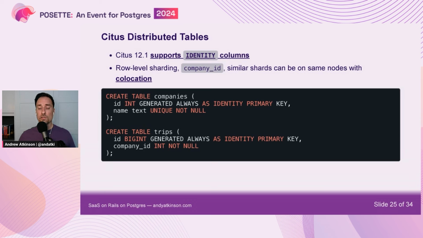Like we saw earlier, we've already designed for multi-tenancy. However, if we hadn't, we would need to add this company ID tenant identifier column. Citus calls that a distribution column. It's important because with that information, Citus can perform co-location to make sure that shards with the same distribution column are on the same nodes.